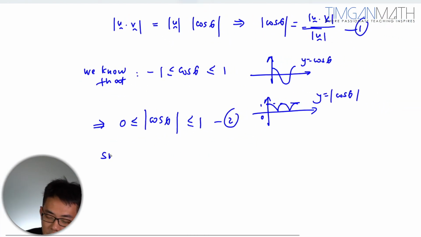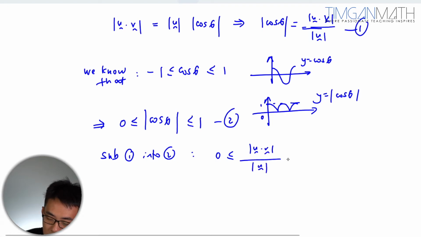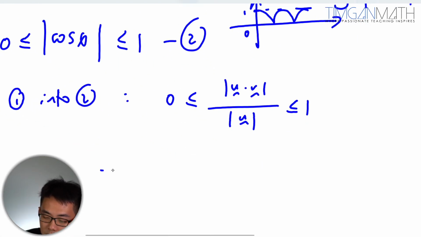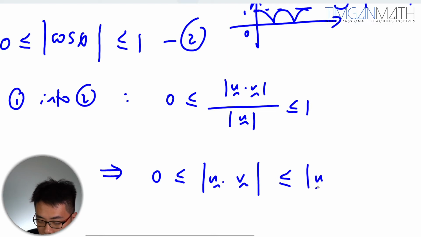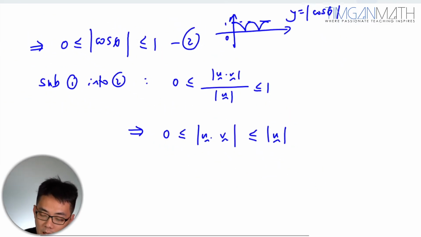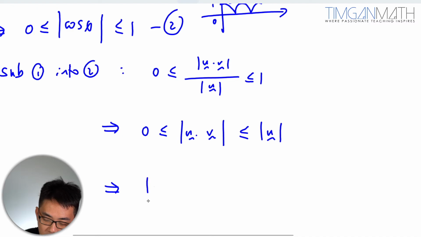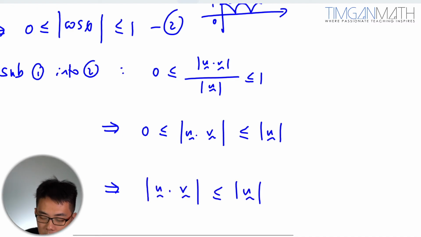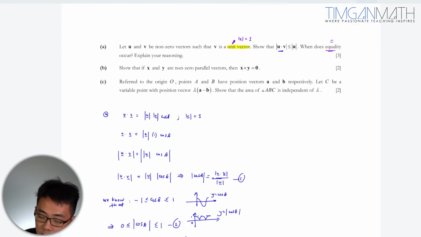So we sub 1 into 2, and what we get is 0, and this is 1. So this will give us 0 less than or equal to modulus u dot v, less than or equal to modulus u. There you go. Great, so we have shown the inequality.